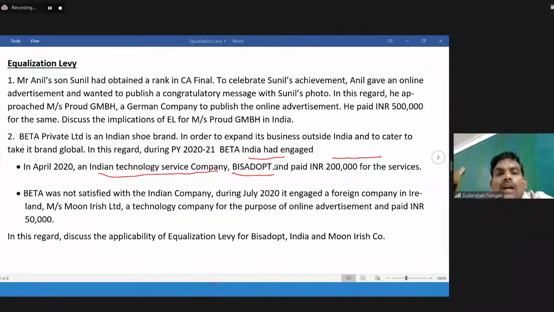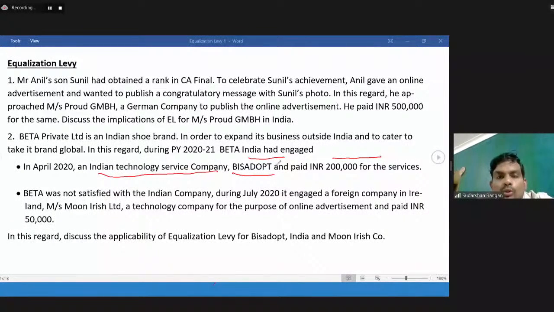We are trying to target non-residents. The equalization levy was introduced to bring into tax the non-resident digital companies who don't have a presence in India but make a lot of money from India. So that was the reason for equalization levy to be introduced. Therefore, the condition for applicability of equalization levy is there has to be a non-resident service provider who should be the recipient of the consideration.